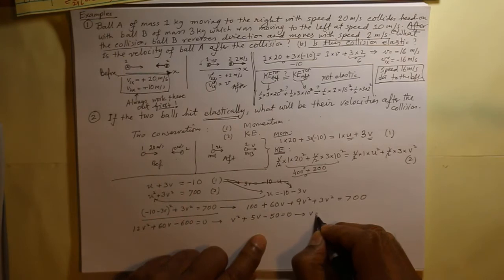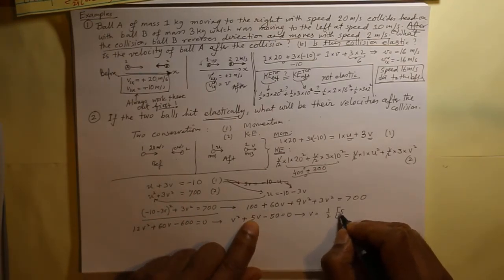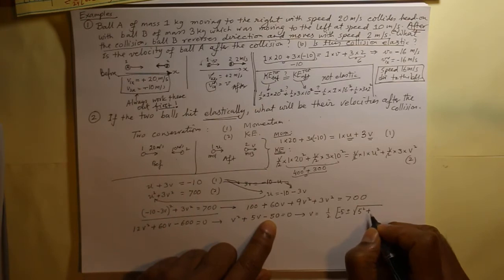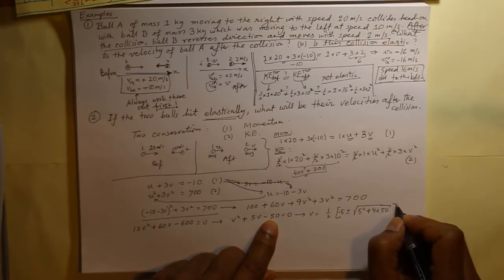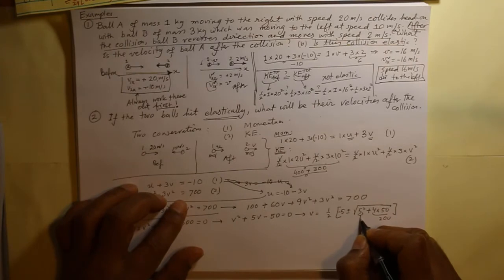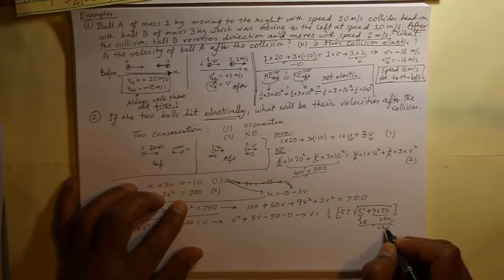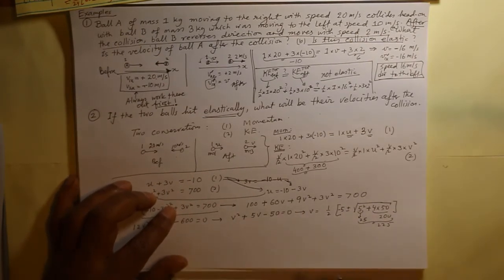So v is 1 over 2 times minus 5 plus or minus the square root of 5 squared minus 4 times minus 50. So this is 200 and this is 25. So this is 225, and the square root of 225 is 15.